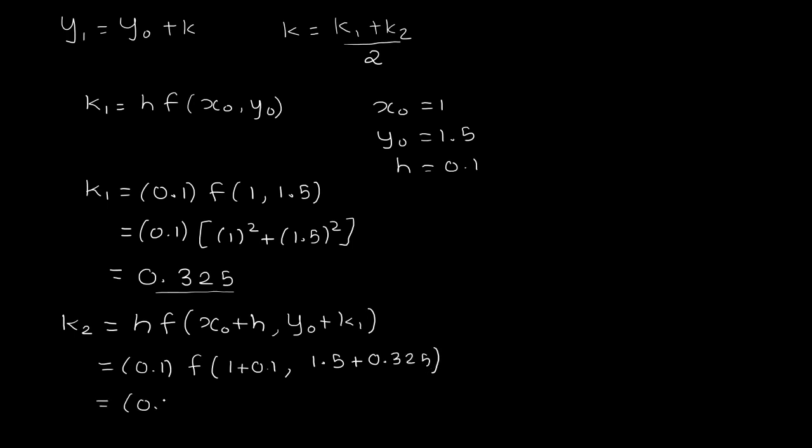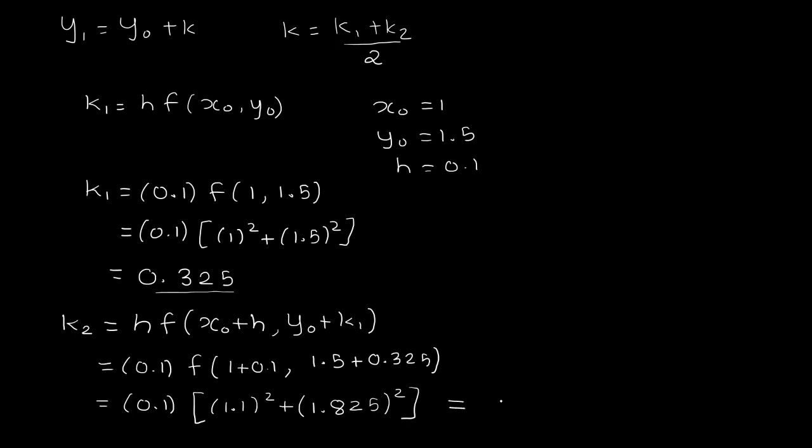So this will be 0.1 into f of this, where f of x comma y is x square plus y square. The x term will be 1.1, so 1.1 square plus this part, 1.825 whole square.